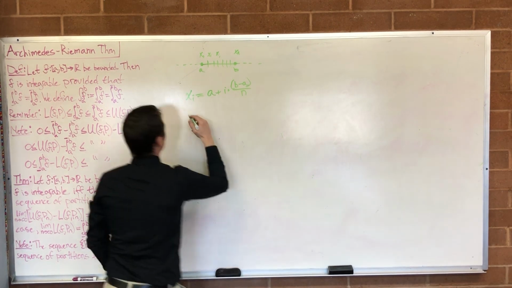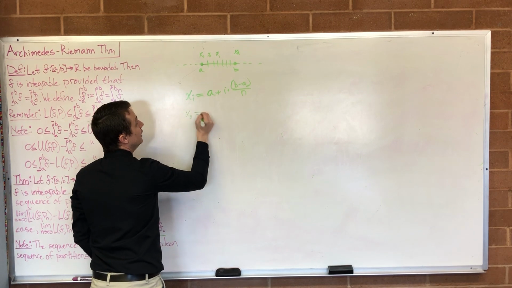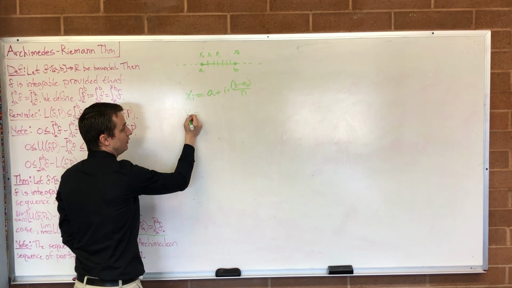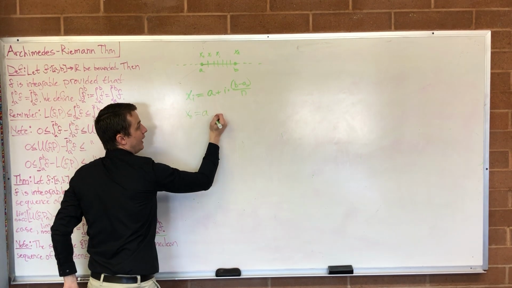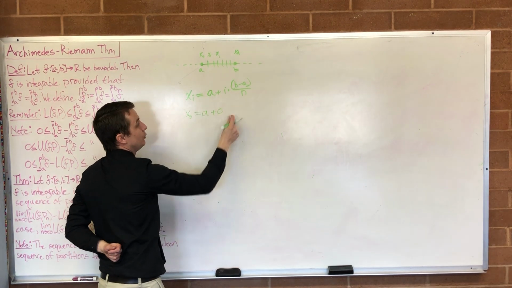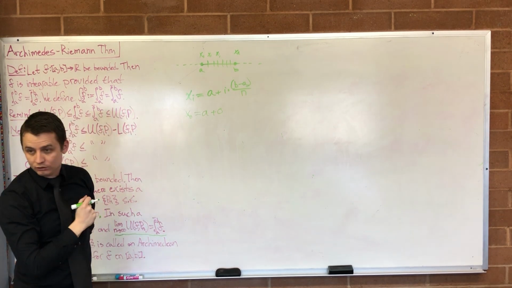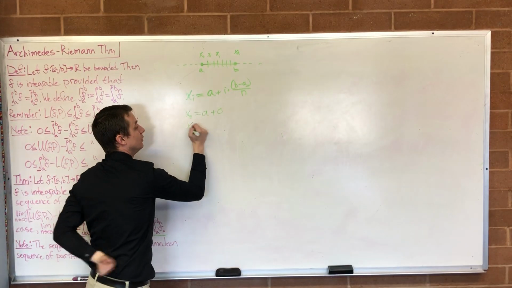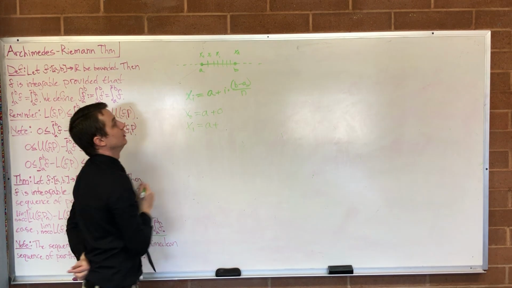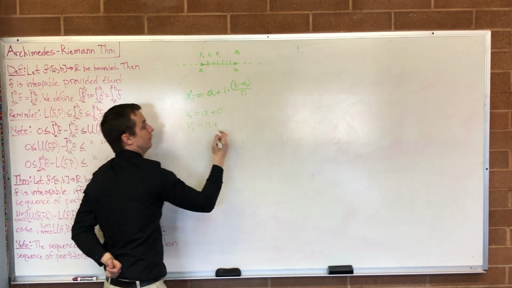So my first partition point, x of 0, is just going to be at a, right? Which is the same thing as when I start at a, and then I add 0 of these intervals. My x of 1 is going to start at a, but then it's going to be what you get when you add 1 of those intervals.